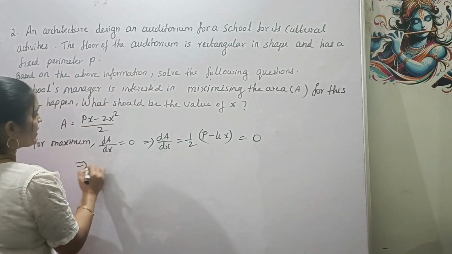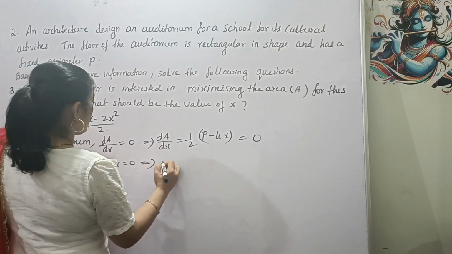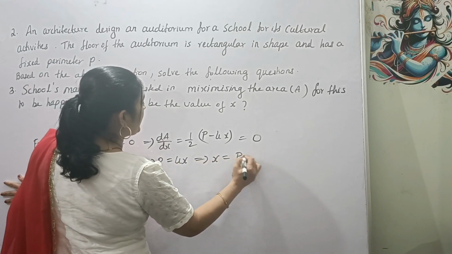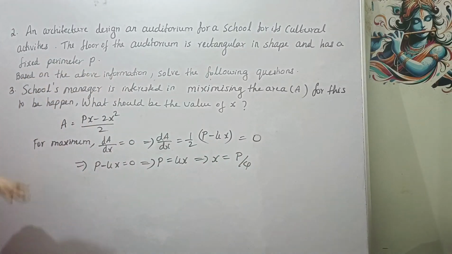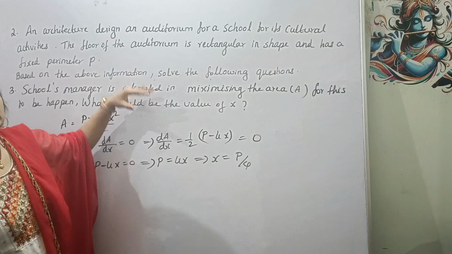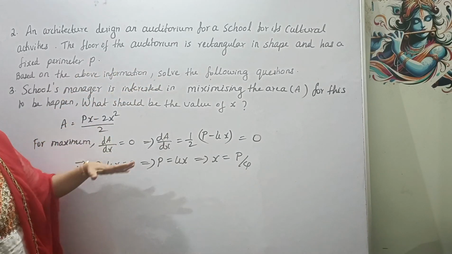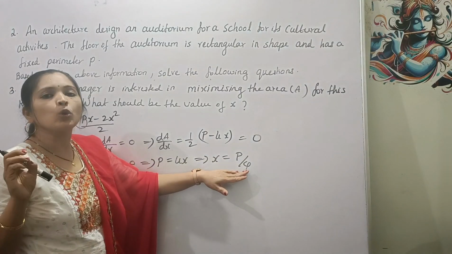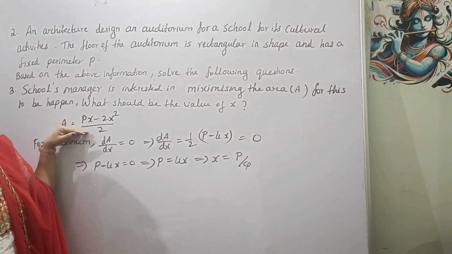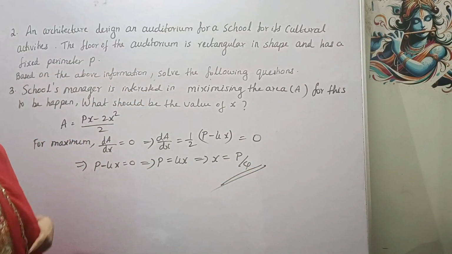That implies p minus 4x is equal to 0, so p is equal to 4x, so x is equal to p by 4. Our question was, at what value of x is this area of the rectangular region maximum. So at x is equal to p by 4, the area of the rectangular region is maximum. So the answer is p by 4.